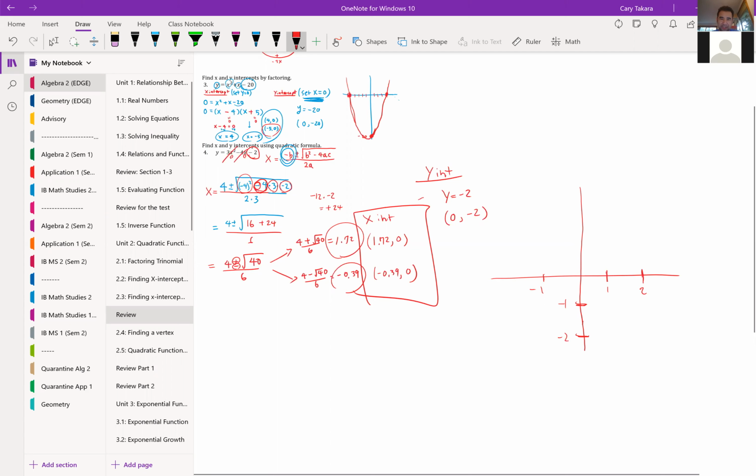So the first x-intercept is 1.7. That's somewhere around here, right? That's 1.7. The other one is negative 0.4. It's right here.